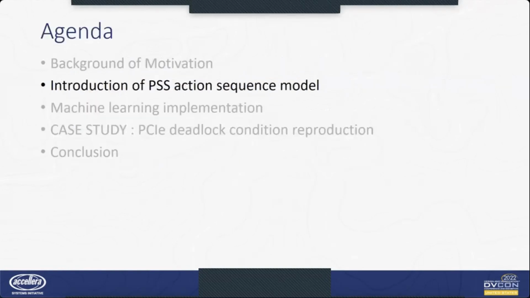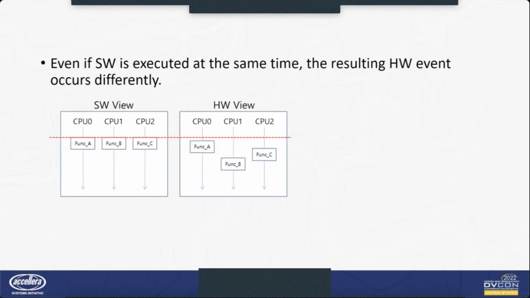We created an action sequence model to simultaneously or sequentially generate hardware events of different actions of PSS. As shown in the figure below, even if 3 CPUs execute different actions at the same time, the hardware event for the corresponding function occurs at different times due to the state of the CPU internal cache and the processing time of the target IP.